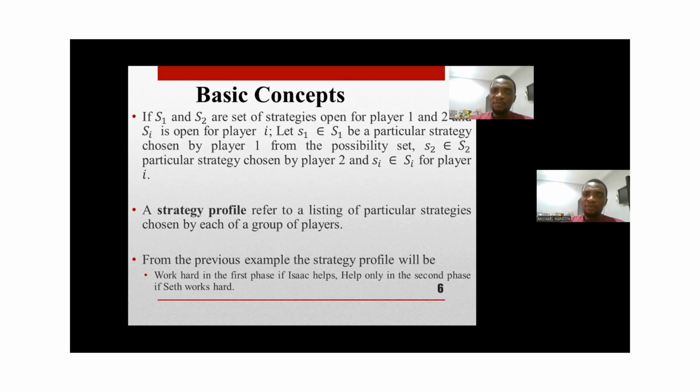If S1 is the set of strategies open to player 1 and S2 the set open to player 2, then in simple notation, Si is open for all players. In n notation, we have Si, meaning the strategies of player 1, player 2, player 3, player 4, up to whatever number of players we have.